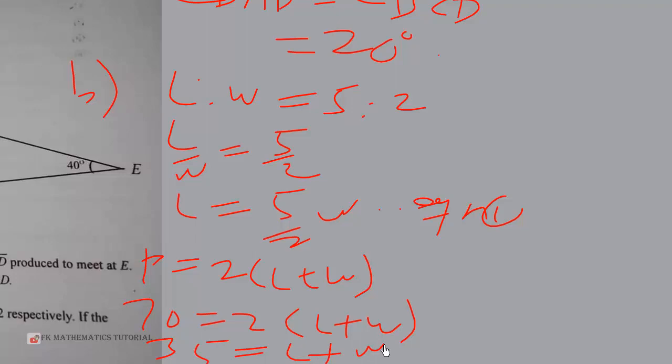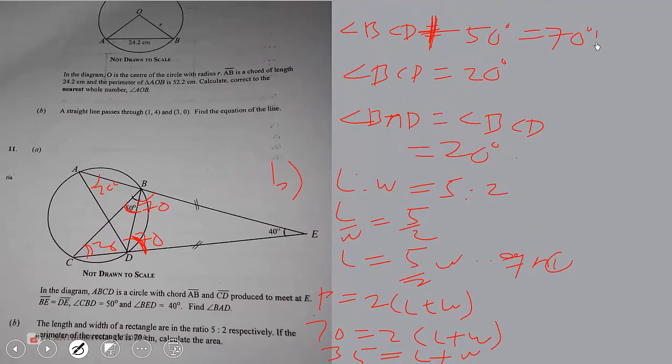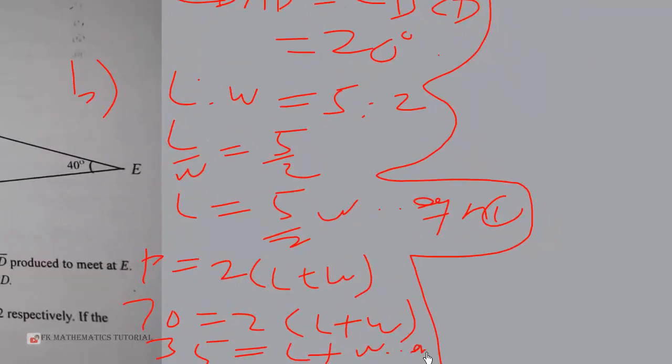We can call this equation 2. So when you put equation 1 into equation 2, you get 35 is equal to 5/2 W plus W. When you multiply through by 2, you get 70 is equal to 5W plus 2W.